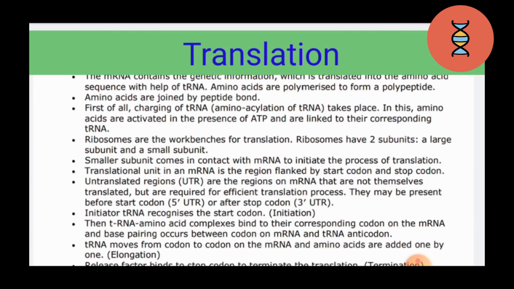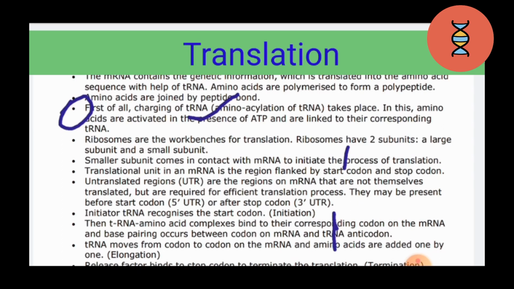Now steps. Prior to translation, what happens before the actual stages of translation? So the very first step is the charging of tRNA, that is amino acylation. Now what is this charging of tRNA, that is amino acylation? The very first step is charging of tRNA, which we call amino acylation of tRNA. What is that?